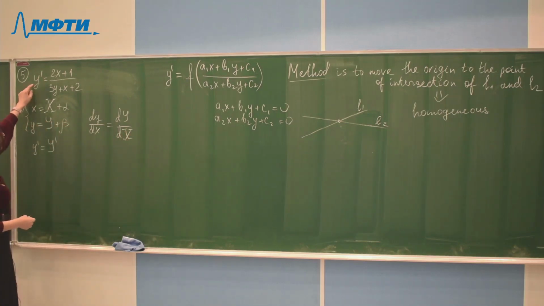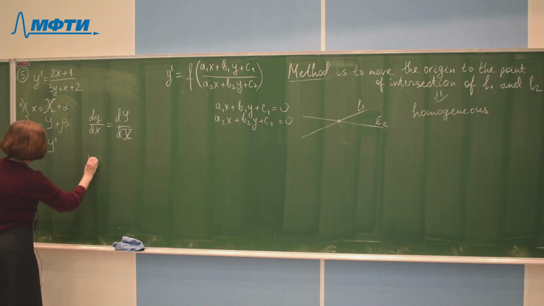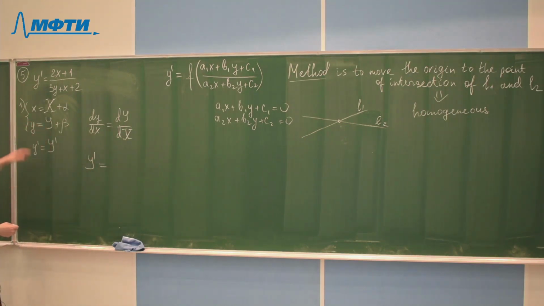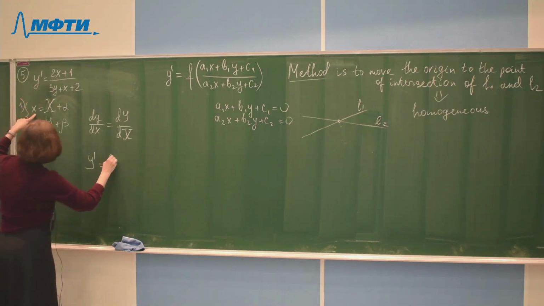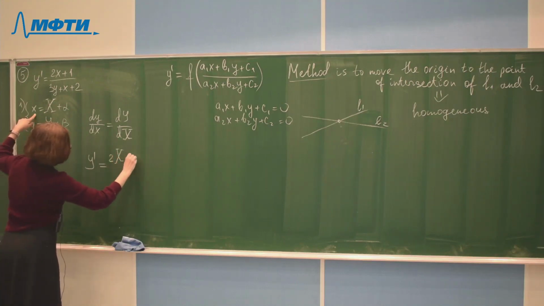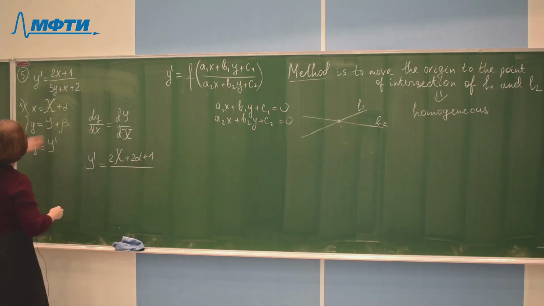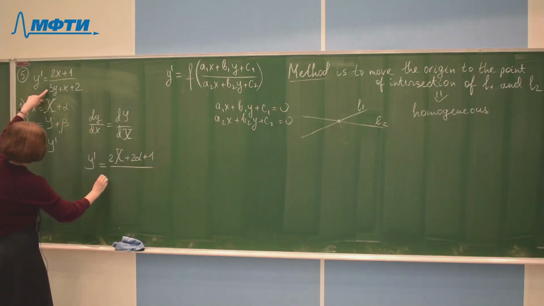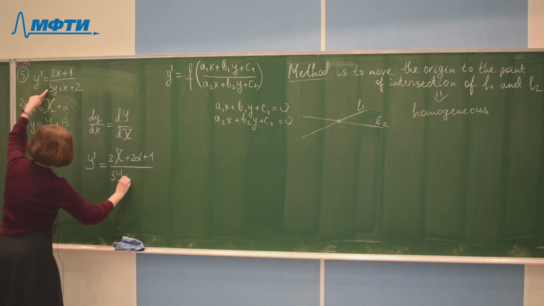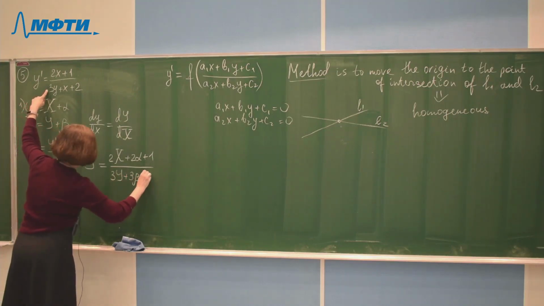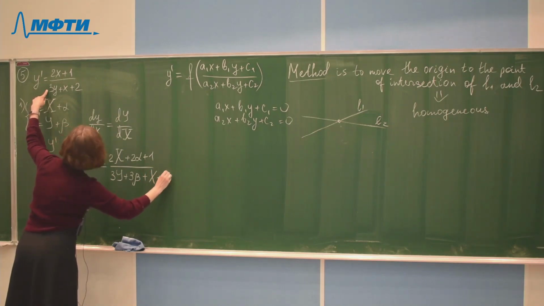And let's substitute it here. Then we will have y prime equals 2x capital plus 2 alpha plus 1, over 3y capital plus 3 beta plus x plus alpha plus 2.